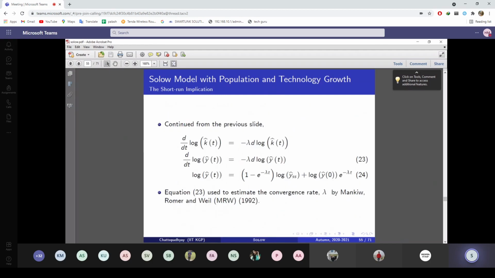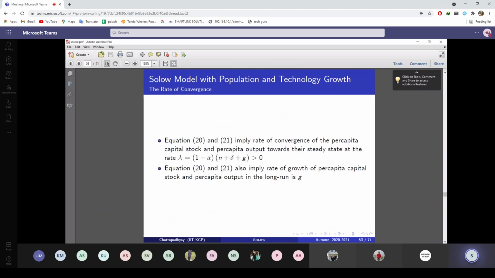So using that simple production function, equation number 9, Barro and Sala-i-Martin calculated this convergence rate, because you see the population growth data is available, depreciation of capital stock data is available, g can be calculated the way I have shown through growth accounting.